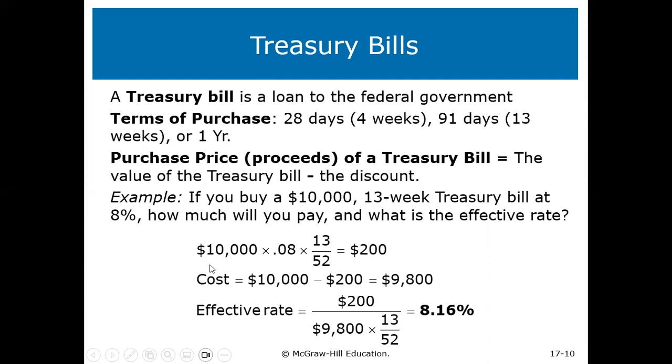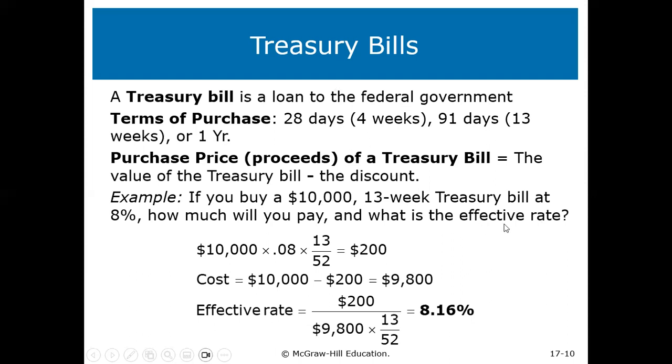So what's the cost? The 10,000 will be discounted by 200, so you get 9,800. And then the effective rate will be the interest divided by the proceeds, 9,800, times the time, which is 13 over 52.